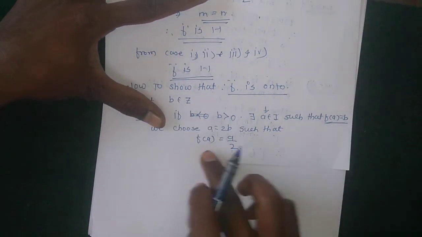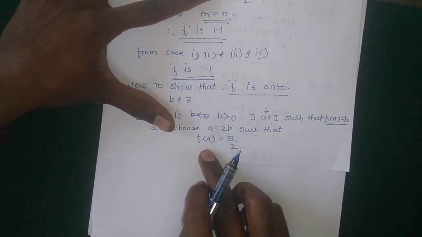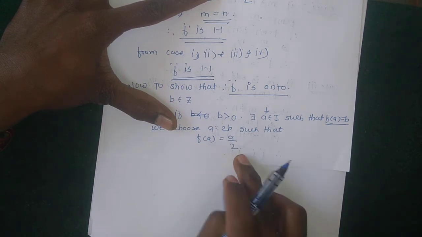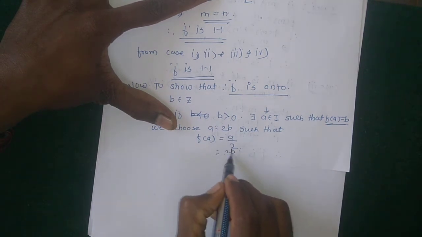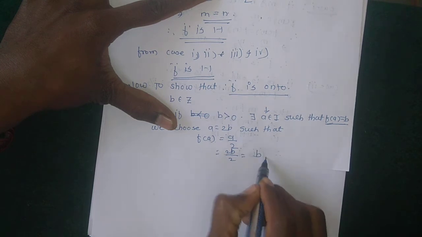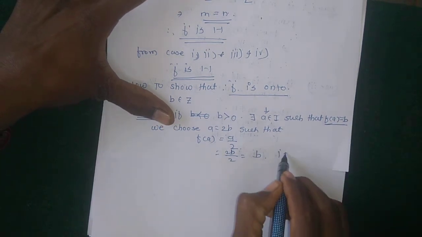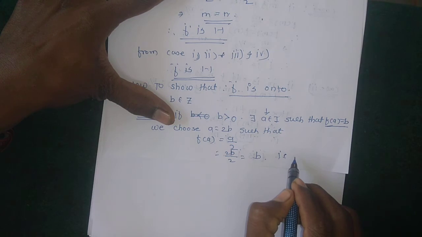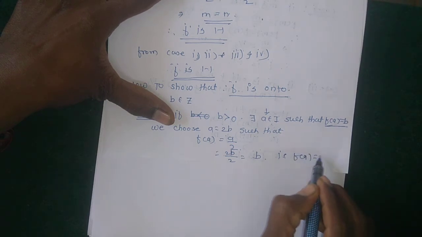With a equal to 2b, f of a is equal to a by 2, which is 2b divided by 2, which implies b. That is, f of a is equal to b.